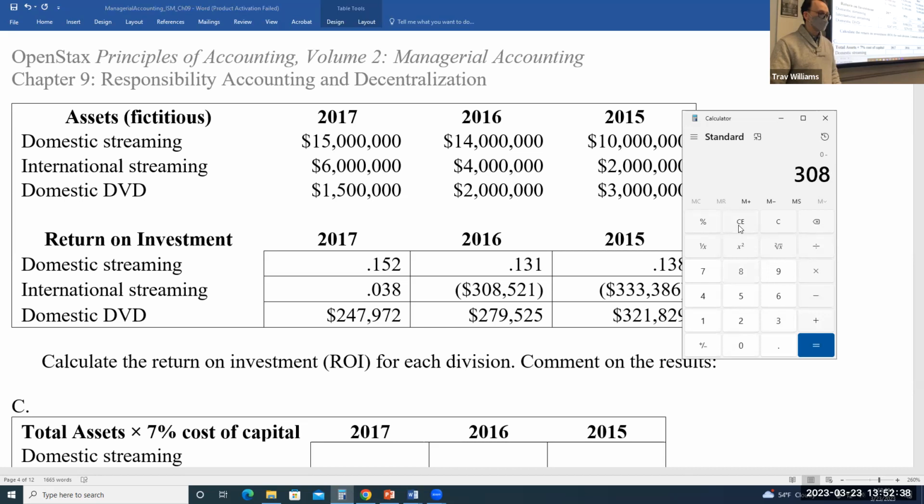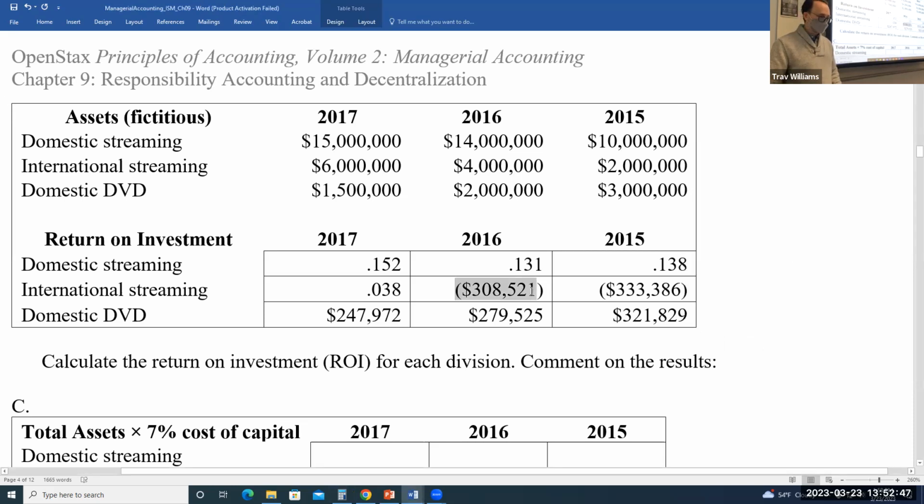So negative 308,521 divided by the assets that were invested. And we get negative 7.7.